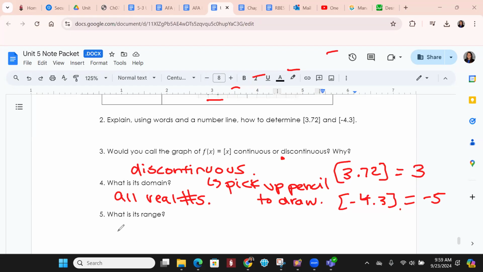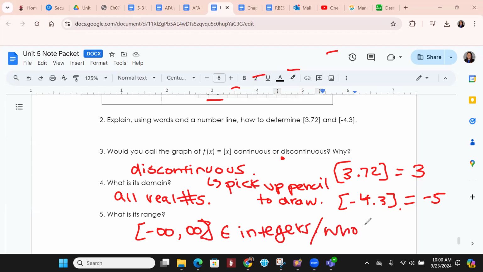Okay, so we're gonna say from negative infinity to positive infinity, but only including the integers or whole numbers. I'm just throwing some math notation at you. This is called an epsilon.